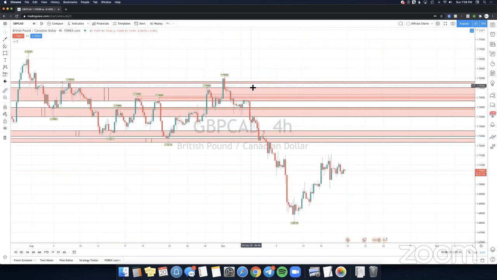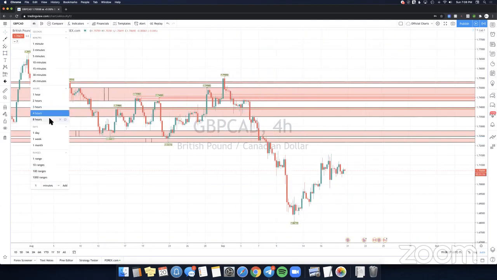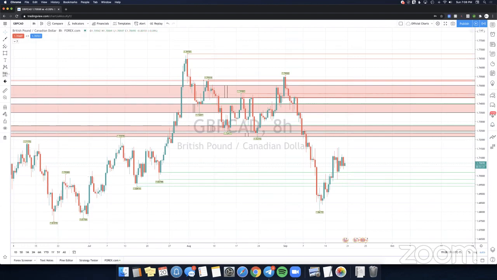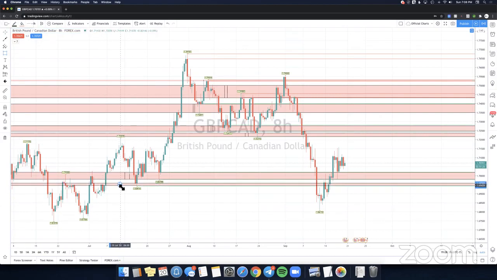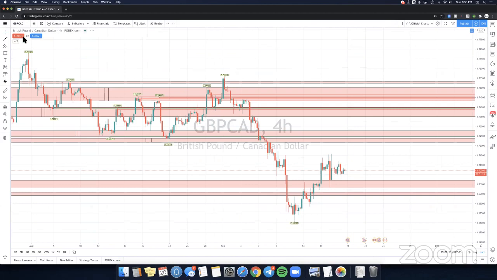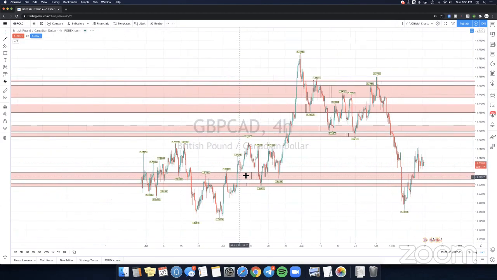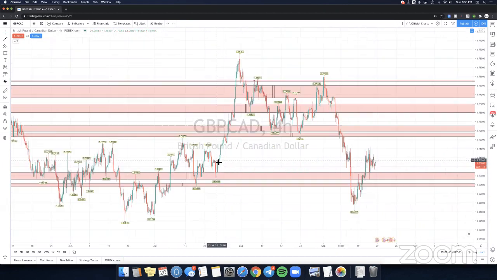So these are the zones from the 4-hour. So we'll go on the 8-hour to see if there's anything closer. Perfect, there we go. And I'll just draw both of them just so that we have reference. Go to the 4-hour. And there we go. So perfectly lined up right there.